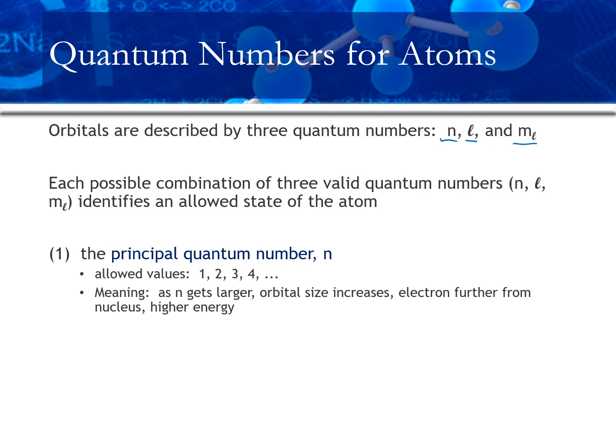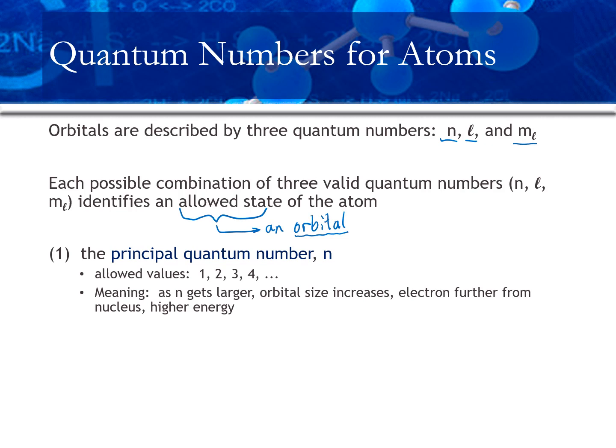So every single possible valid combination of these three quantum numbers identifies an allowed state of the atom, by which we mean an orbital. Any possible combination of n, l, and m sub l that is allowable describes an orbital.